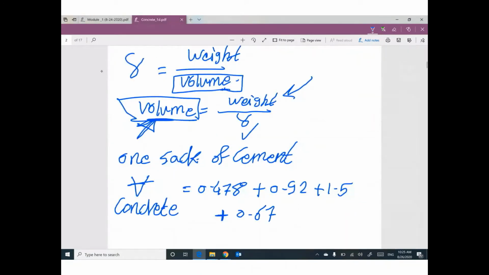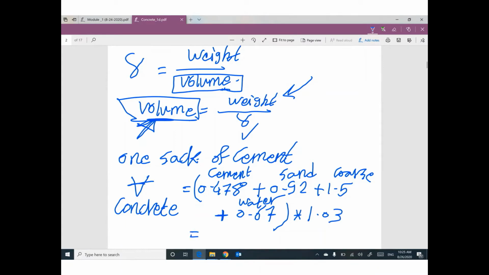All of these volumes, please add them together and multiply by 1.03 to get the final volume. The final volume is 3.675 cubic feet.